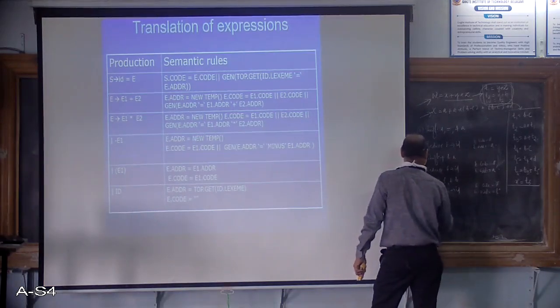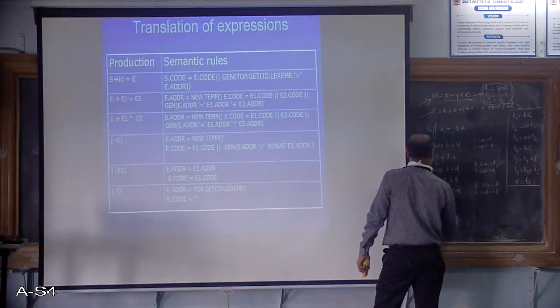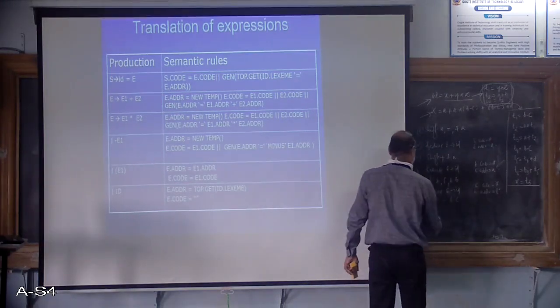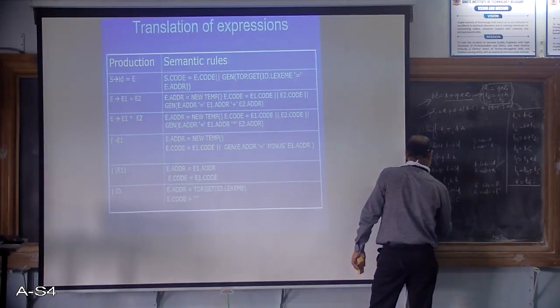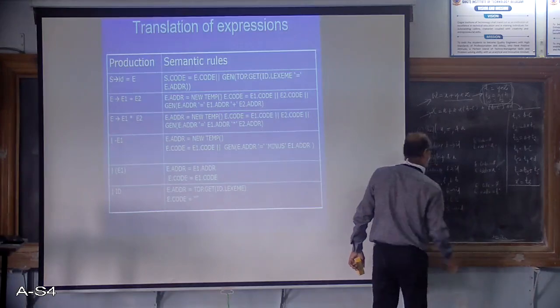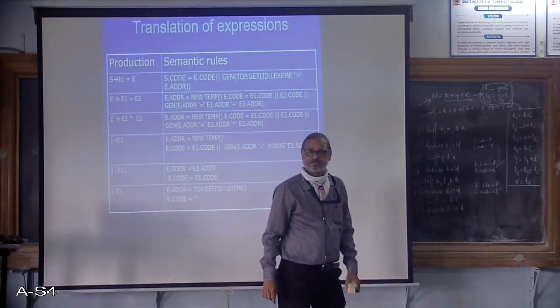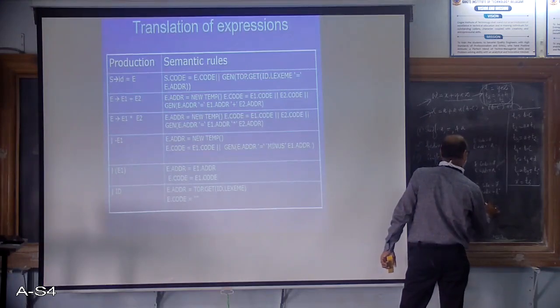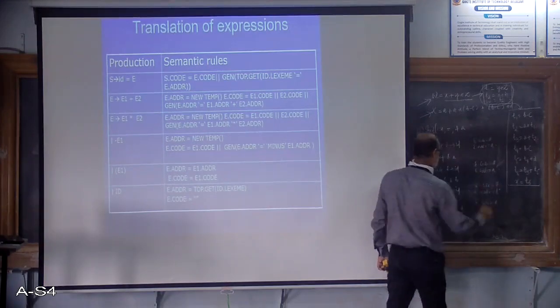Next, seventh step, shift minus and C. So eighth, again reduce with the production E derives ID. So I have E dot code equal to null, no code is generated.